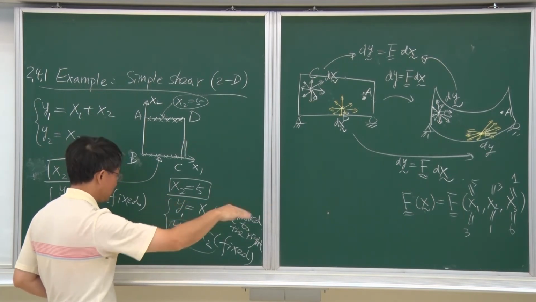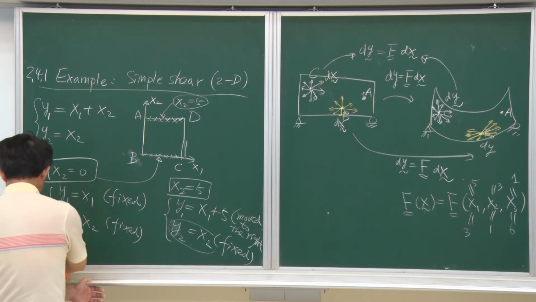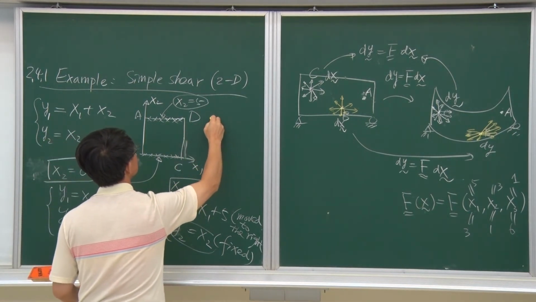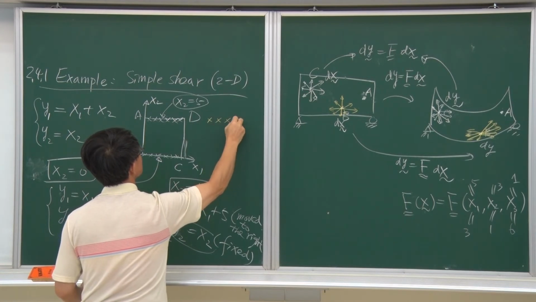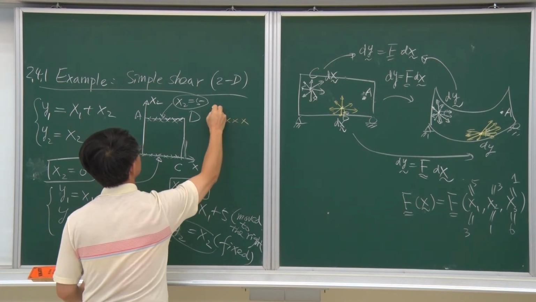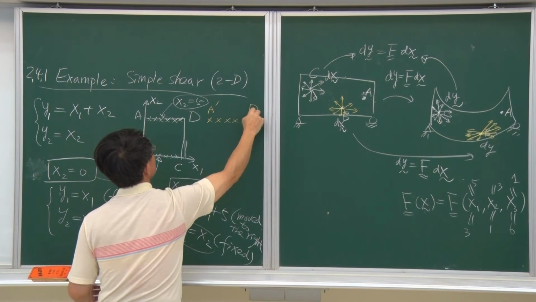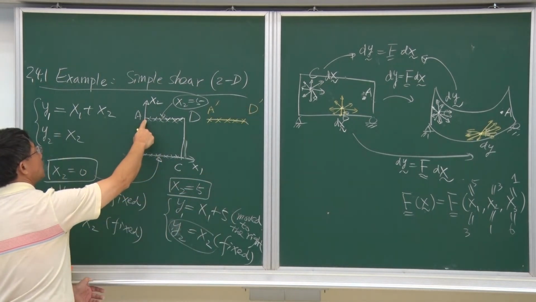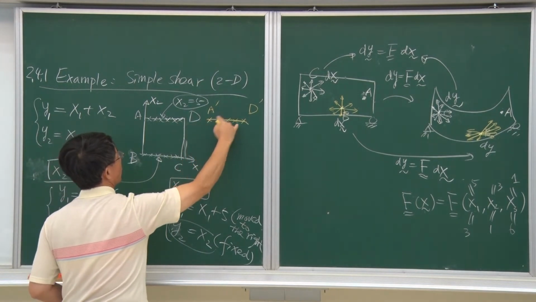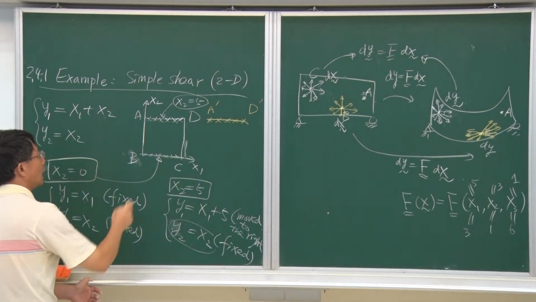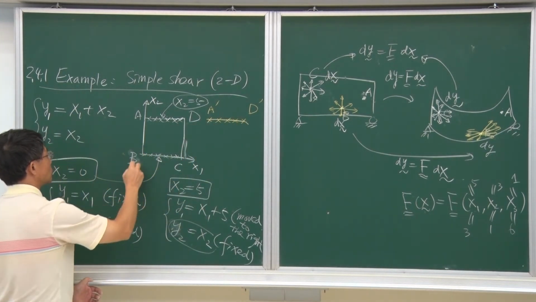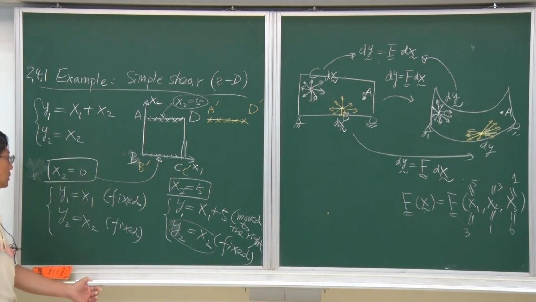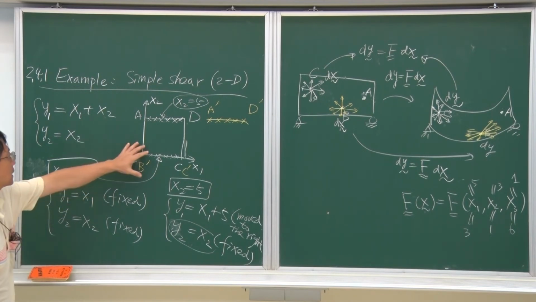Okay, it will be deformed like this. Okay, this material line AD will be deformed into this material line, and BC won't change because it is fixed. Okay, so here it is fixed. This material line is fixed.